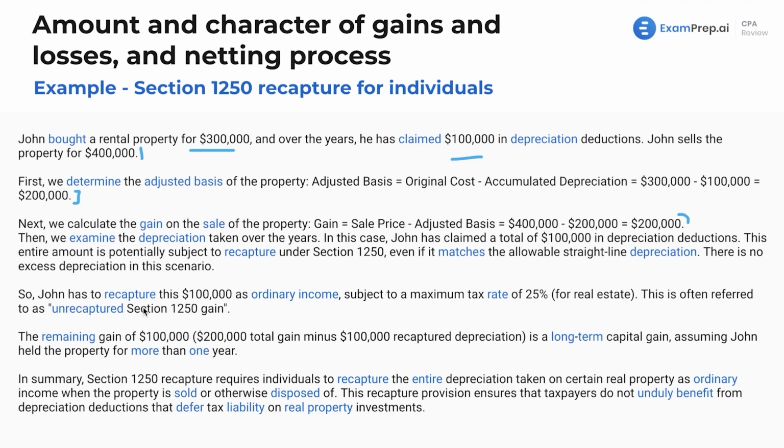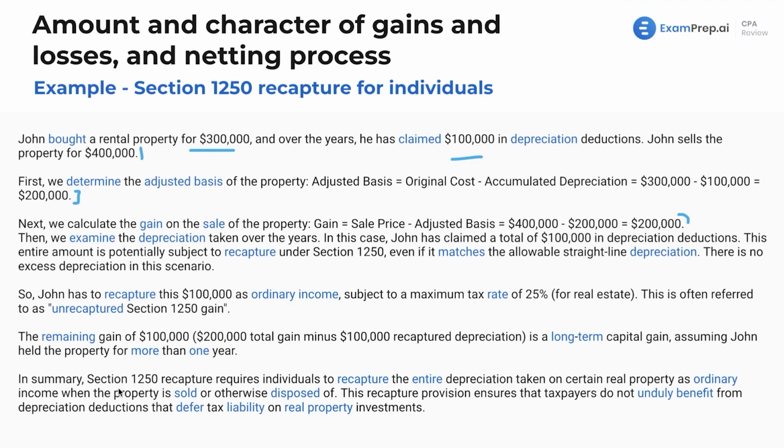So John has to recapture this $100,000 as ordinary income because the whole point is that he used it as a deduction, but he didn't use the property to its full life, subject to a maximum tax rate of 25% for real estate here. This is often referred to as unrecaptured Section 1250 gain. The remaining gain of $100,000, which comes from our total gain minus the 100 recaptured depreciation, is a long-term capital gain, assuming John held the property for more than 1 year. And then it'd be short-term if it wasn't.